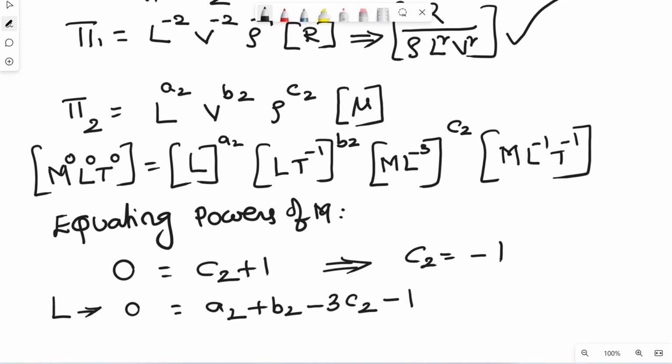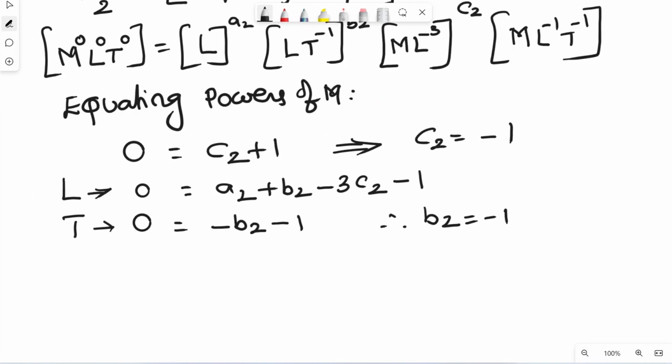Powers of T also: 0 is equal to minus b2 minus 1. Therefore, if you solve it, b2 is also equal to minus 1.